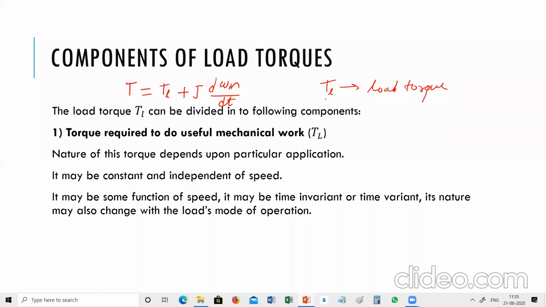Remember the symbol for the load torque, T with a small l as subscript. Now this load torque TL can be divided into three types.